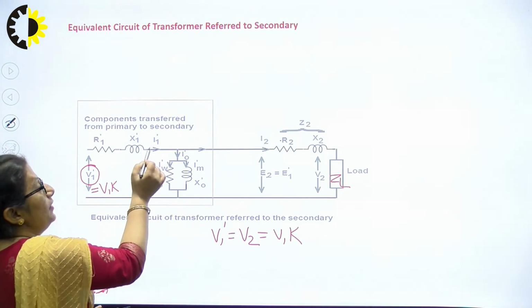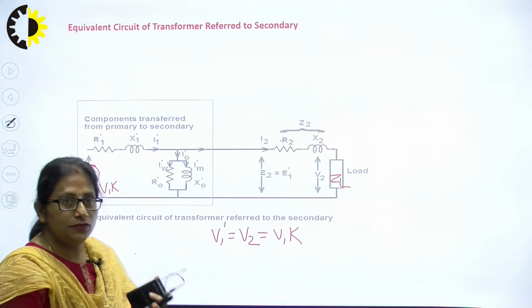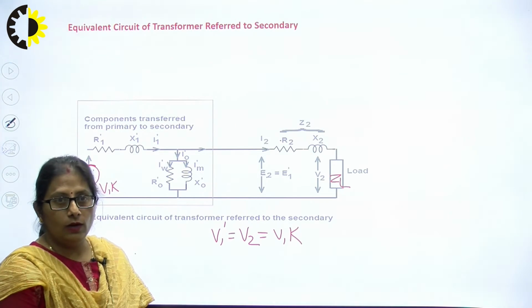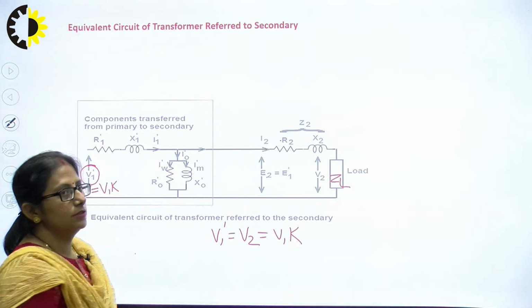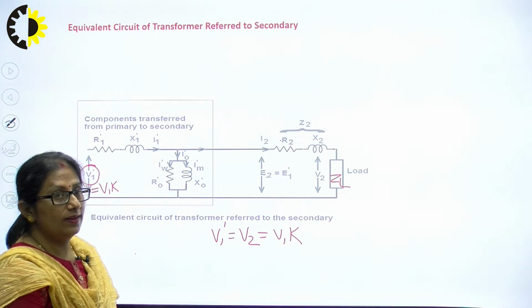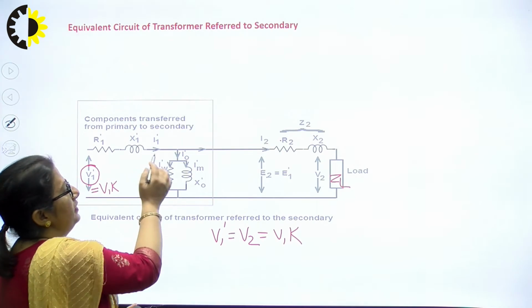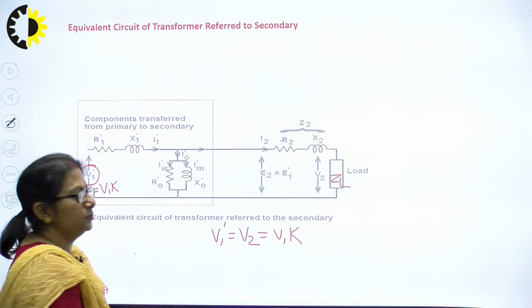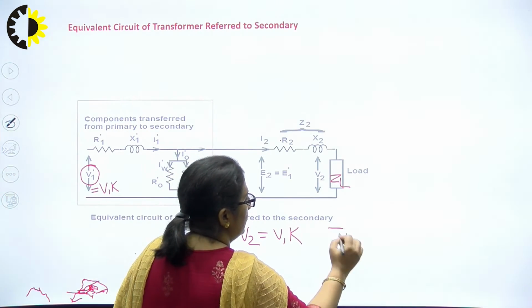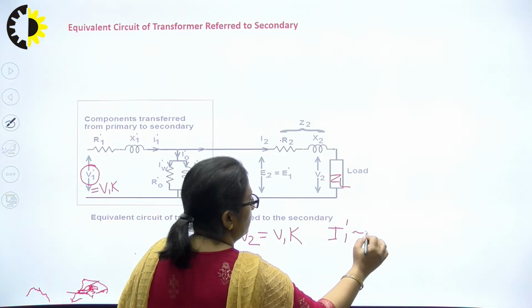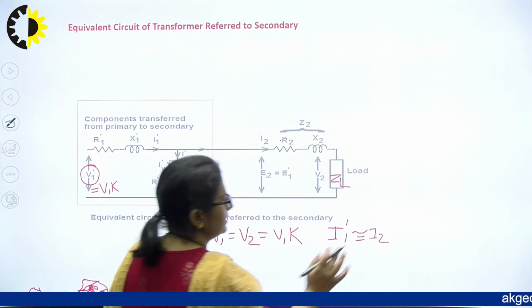Similarly, the input current I1 will be referred to a new value, I1 dash. Since the no load current is very small, I1 dash is almost equal to I2.